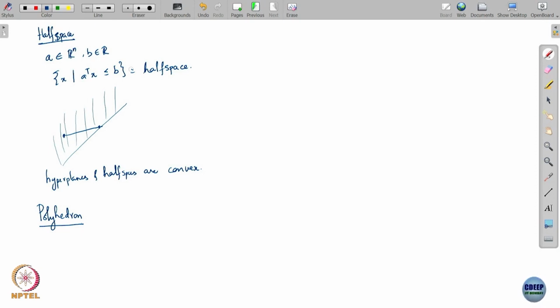Final concept for today is that of a polyhedron. A polyhedron is the intersection of finitely many half spaces.